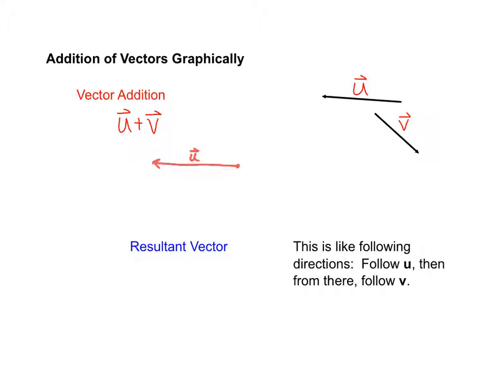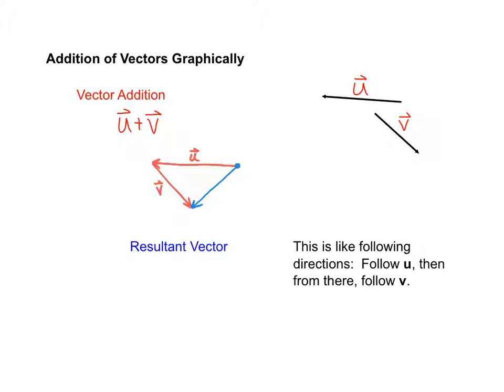Vector v is about at this angle, and it's about this long. There's my vector v. So the resultant vector is that I started here and I ended up here.